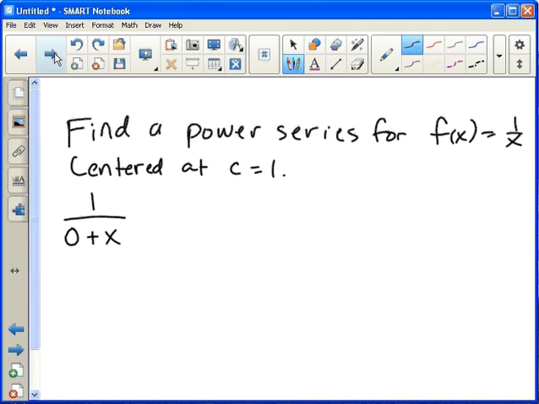Okay? The next step is to make sure it's a minus sign. So I do 0 minus negative x. My next step is to make sure I get the center correct. Now this is typically the part that is hardest for most people, so I want you to listen very carefully to my thought process. Right now, if I plug 1 in for x, I get negative 1.